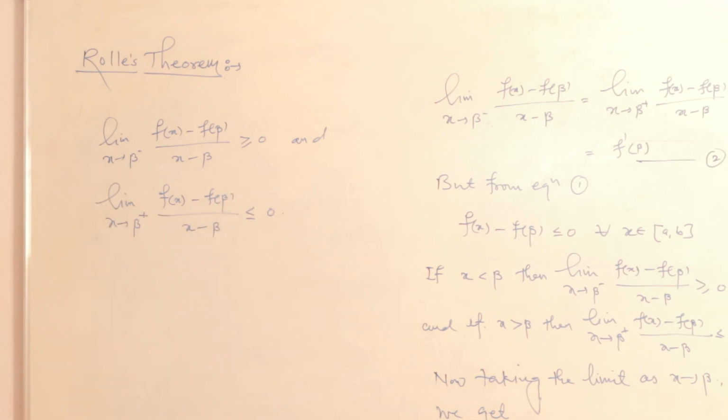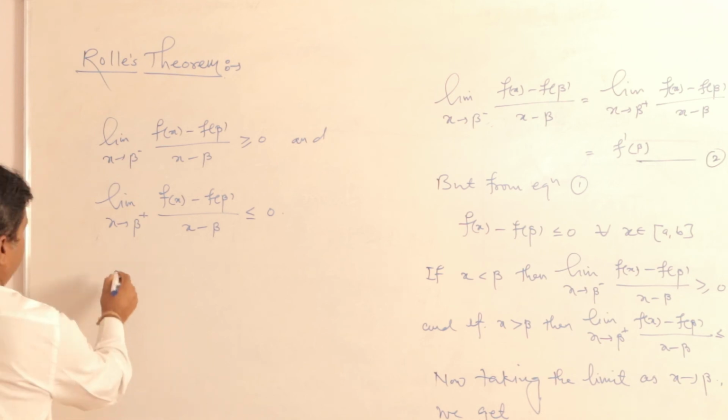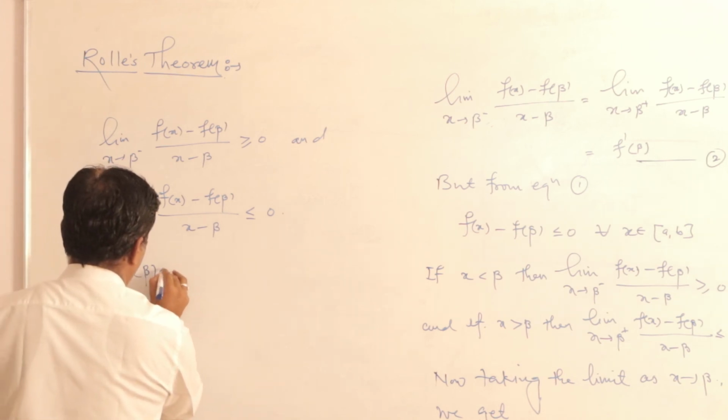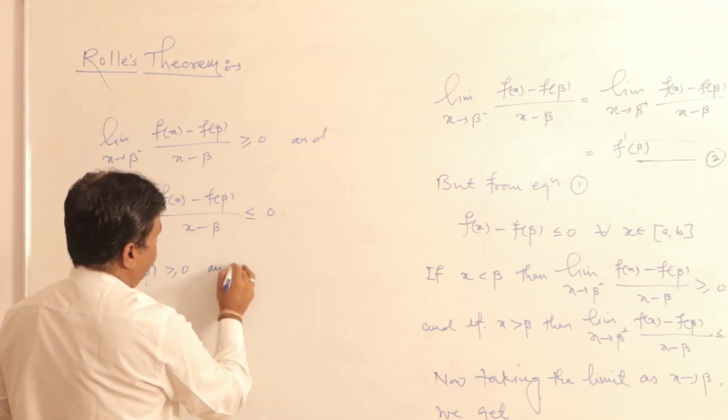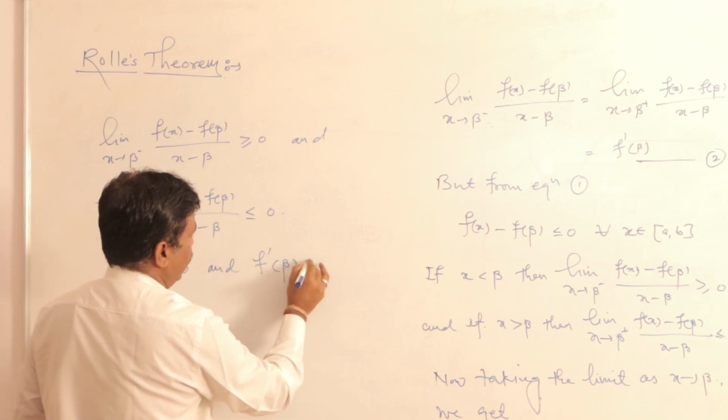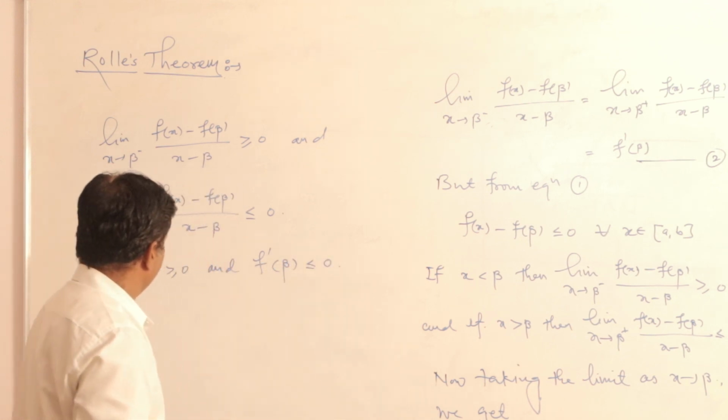But from equation 2 we write f dash of beta is greater than or equal to 0 and f dash of beta is less than or equal to 0.